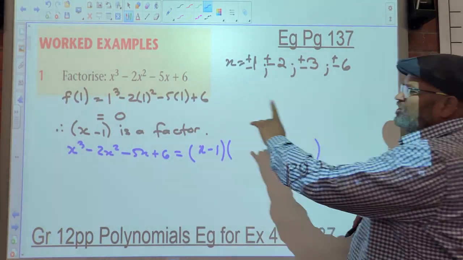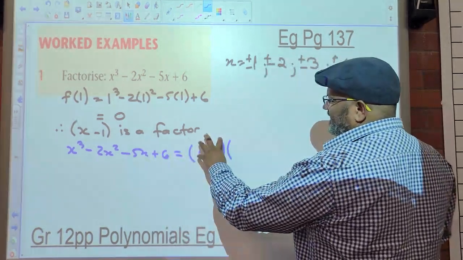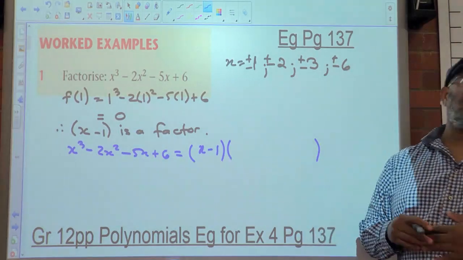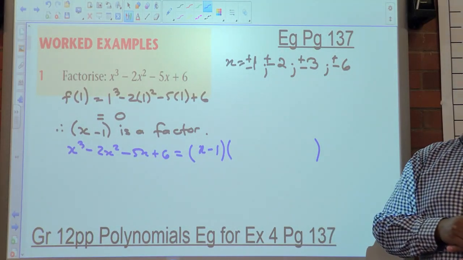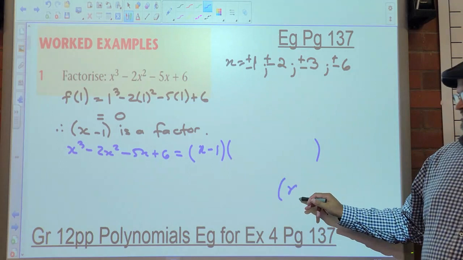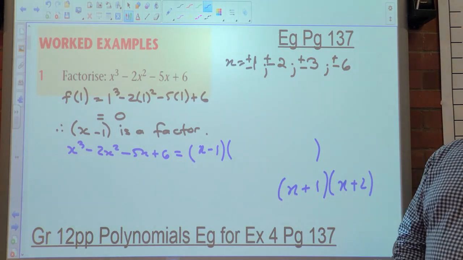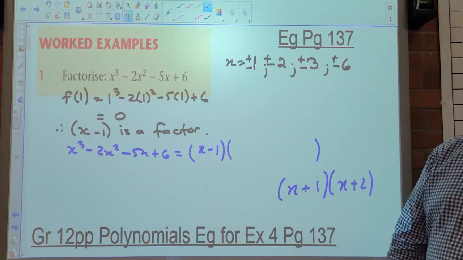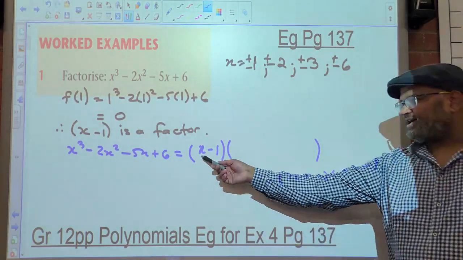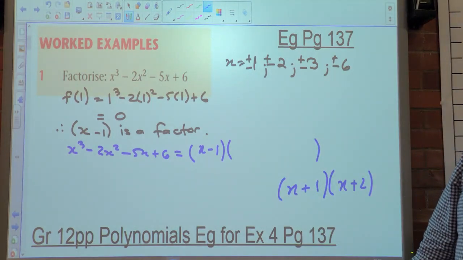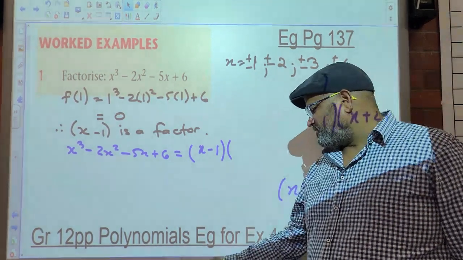So how do we get a cubic? We multiply a linear by a quadratic. Linear times a linear gives you what? If I multiply this out, a quadratic. Can you see that? And a linear times a quadratic is going to give you a cubic. You understand? So we ask ourselves, okay?